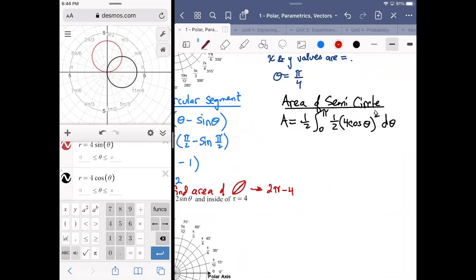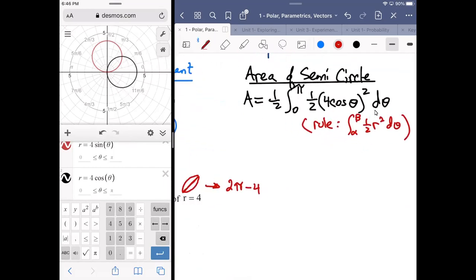Again, 1/2 r squared d theta. Whatever this amounts to, it's definitely going to be a lot easier than the circular segment formula, like that whole thing in an integral. So that's my thinking there. So we'll clean it up.